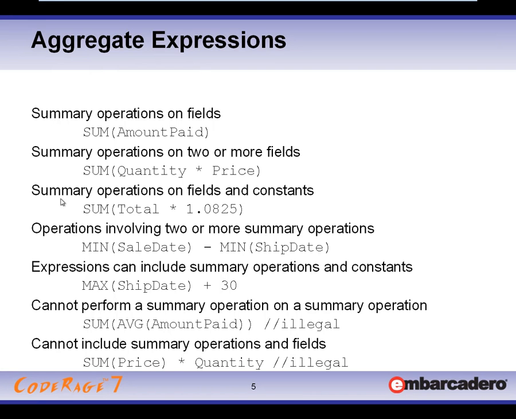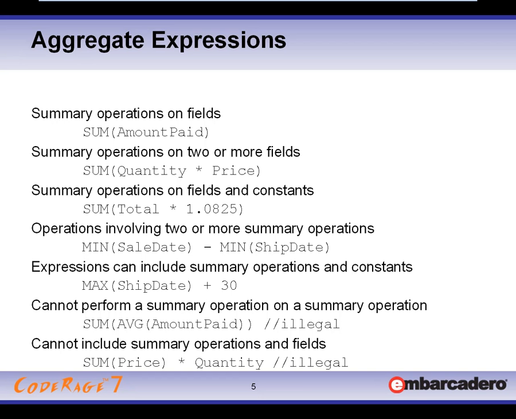It's also possible to perform summary operations on fields with constants. In fact, you can also define operations where you have two or more summary operations combined with operators. It is also possible to take the summary operation and combine it through an expression with literals.